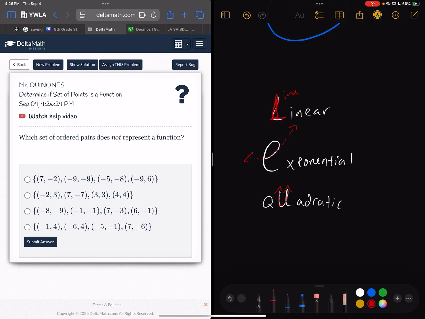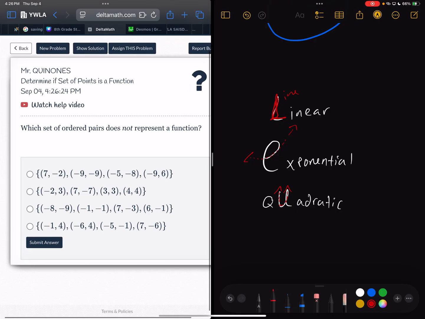So if we're calling it a function and it passes the vertical line test, that means what value doesn't repeat? The x's, exactly. So this means we're looking for an ordered pair that does not represent a function. So we're looking for an ordered pair where what value repeats?